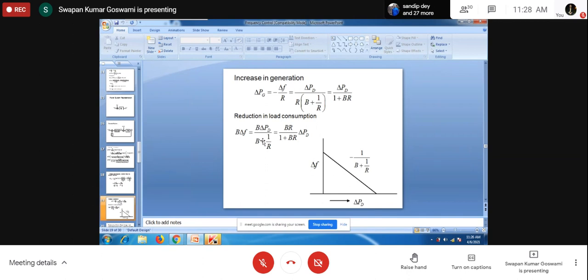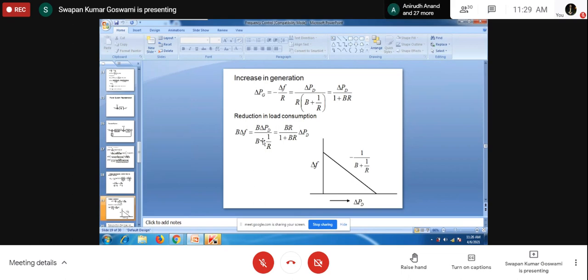Not only that, since the frequency has started decreasing, the existing load also will consume somewhat less power. And since the frequency is in the process of changing, kinetic energy will be released further.